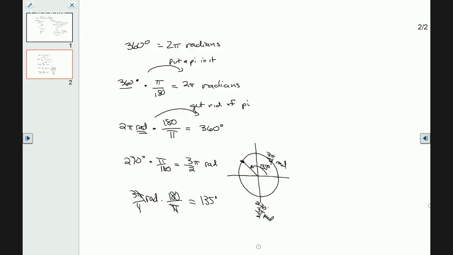Because we can compare the two of them, we can also use them in the sine, cosine, tangent, etc. functions. Okay. And it's no different than what you already know. You just have to think in terms of radians now. So if I asked you for the sine of 3 pi over 4, that's the same as the sine of 135, right? They're completely interchangeable.